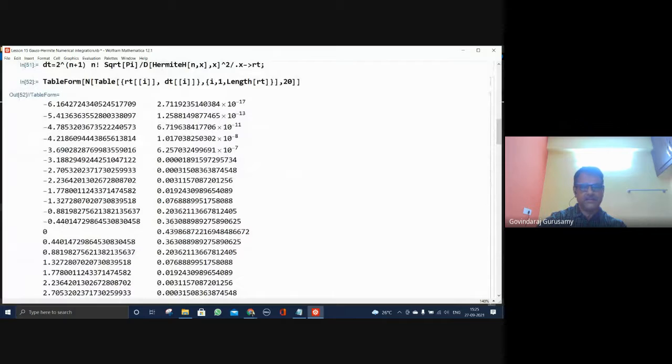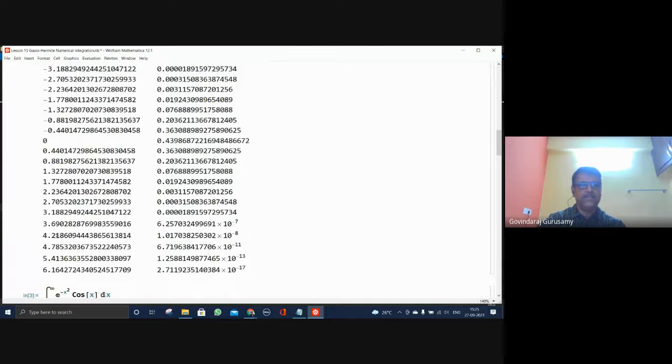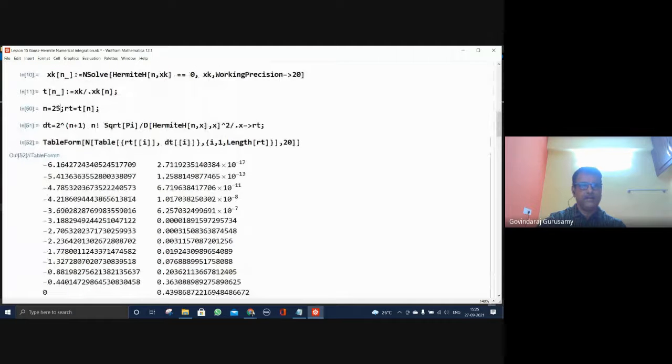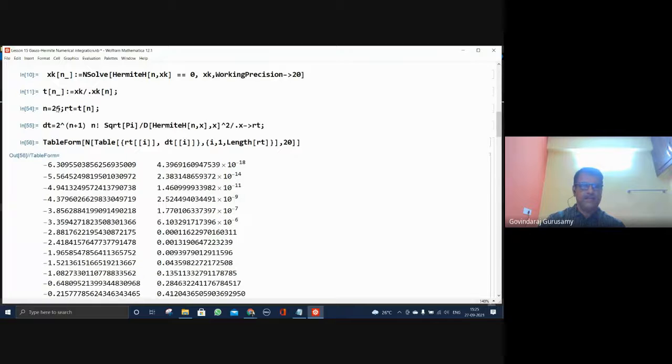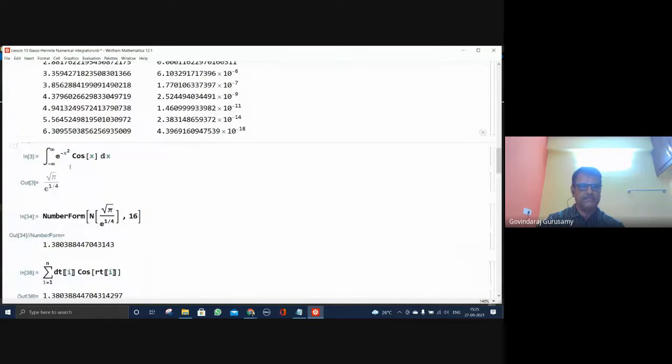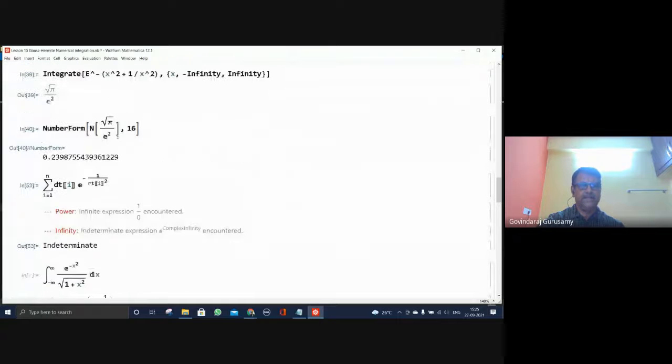That's why it is 0. 1, 2, 3, 4, 5, 6, 7, 8, 9, 10, 11, 12, 13th root has become 0. Suppose I make it 26, even numbers, odd, fine. See how much one has to look into this.